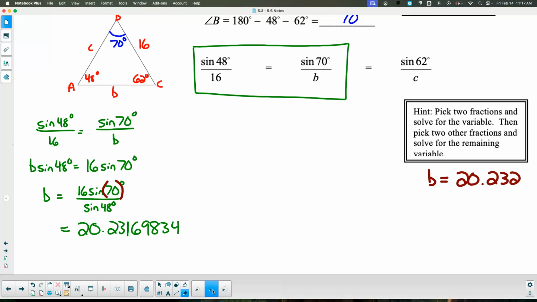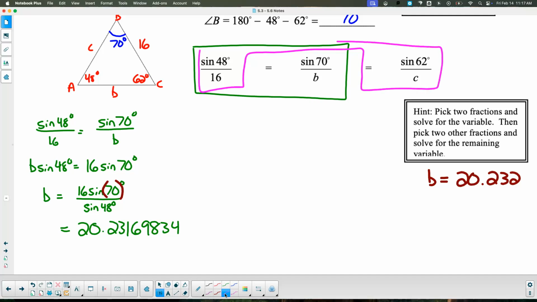Now, you've got to do a second set just like that with sine of 48 and 16 and sine of 62 and C. I would not go back to this, because unless you leave it on your calculator as exact, you round it, now you're going to be off by rounding.